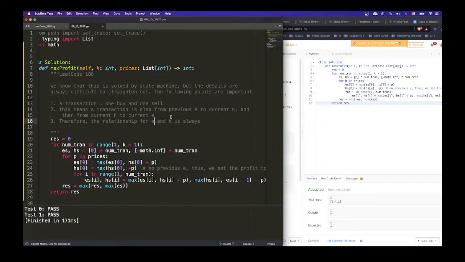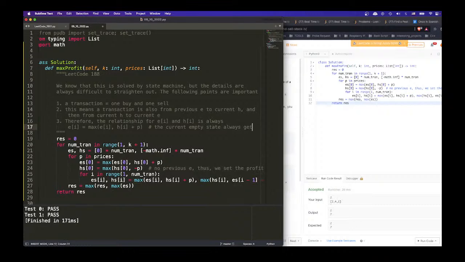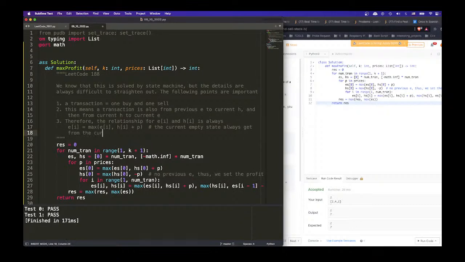For E, let's say EI, and HI. EI is always the maximum of EI and something; E always gets from the current, right? So we say the current empty state always gets from the current holding state.